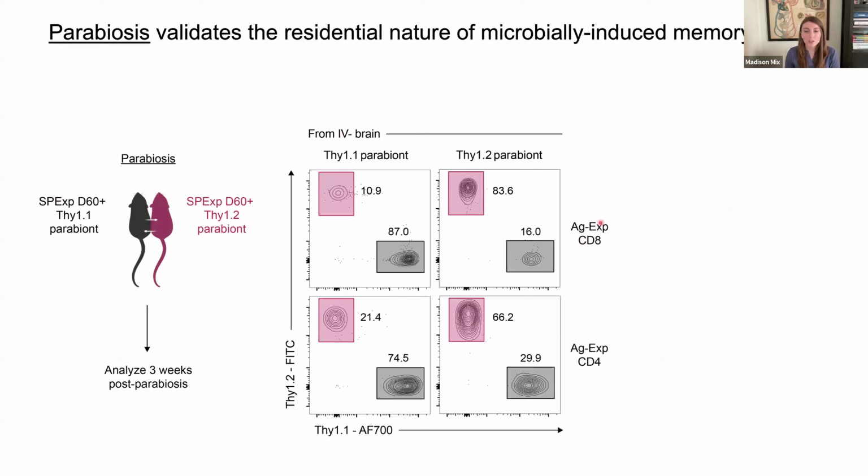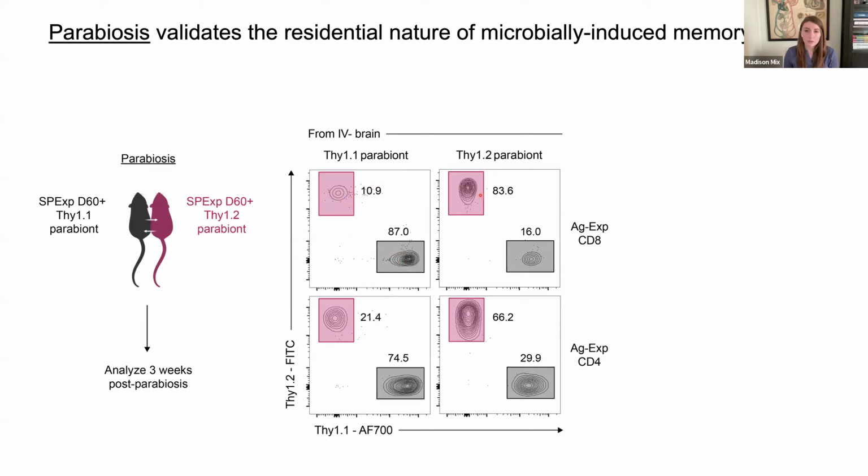What I'm showing here is data from the IV negative brain. We are looking at antigen experienced CD8s and CD4s. If we first look at the brain of a Thy1.1 parabiont in their CD8 compartment, we can see that the vast majority of T cells are going to be of self-origin. They are Thy1.1 positive, but it's not 100%. There are some cells that are coming from the partner mouse that are inside of the brain. In parallel, if we look at our Thy1.2 parabiont, we see a similar outcome.